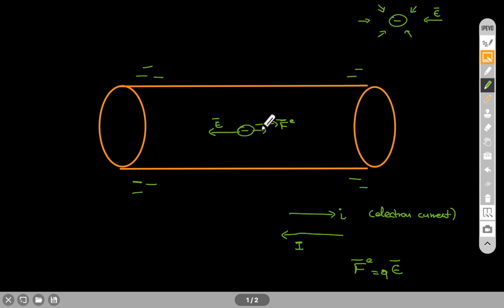Now, I also want to point out that using minus signs, using negative surface charges, is not the only way to create an electric field. For example, here is another wire.